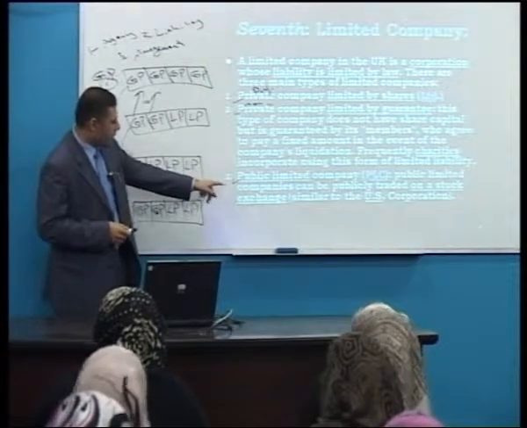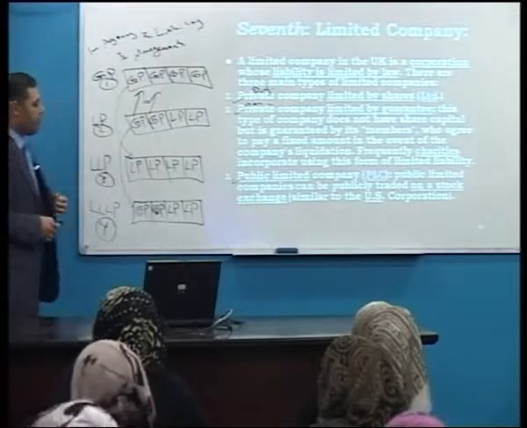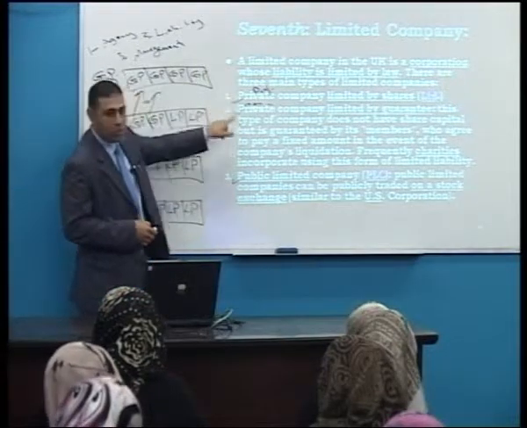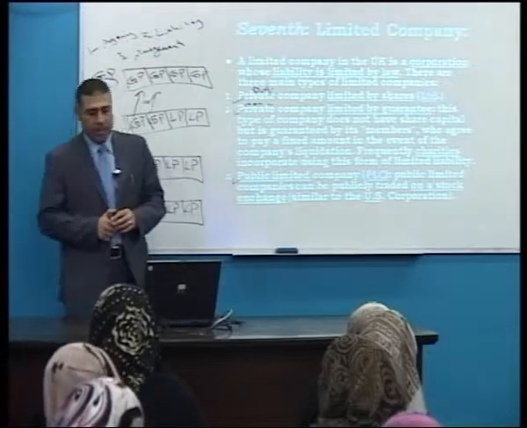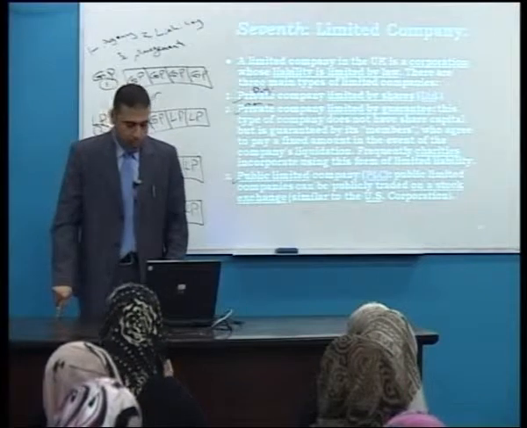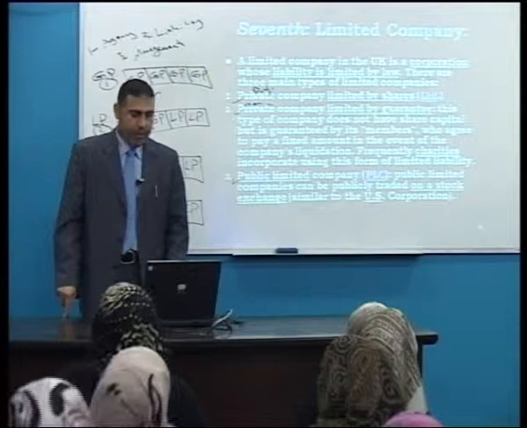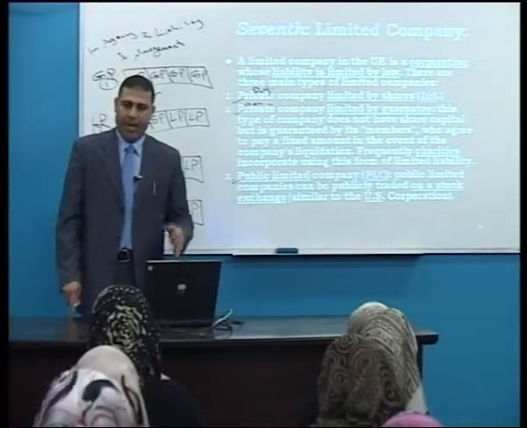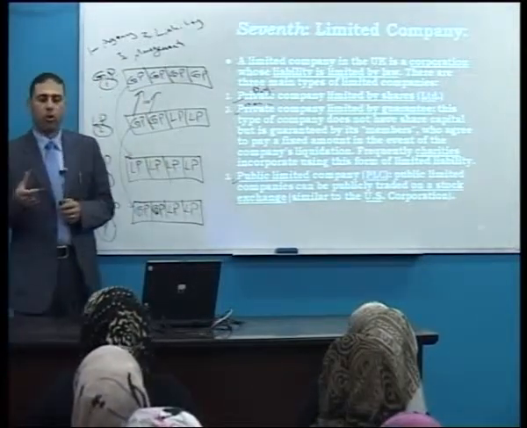And the last one is public limited. It's a limited company, but it's not private, it's public. It's the same as number one and number two, but public. Public limited company, PLC. It's public here, so it can be listed on the stock exchange. But in this type we have limited liability for the shareholders.